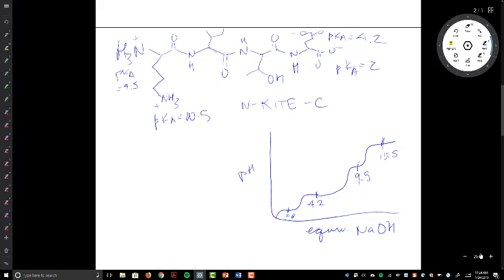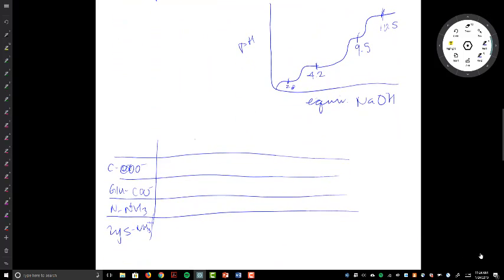Now, the question we want to know is between which two pKa's does our peptide have a net neutral charge? So there are 2 different approaches we can take. The first is we can find the 2 pKa's and determine the region, because we know it's the region bracketed by where we switch over from being positively charged to negatively charged.